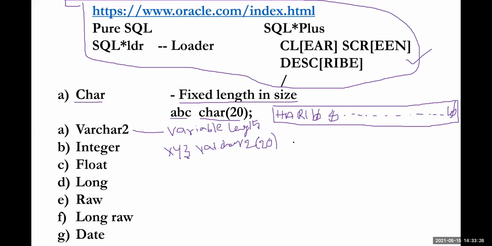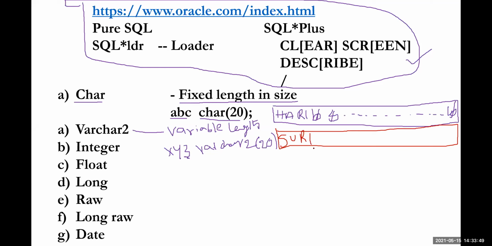It also allocates 20 bytes only. Here I take SURI as my name, only 4 bytes.